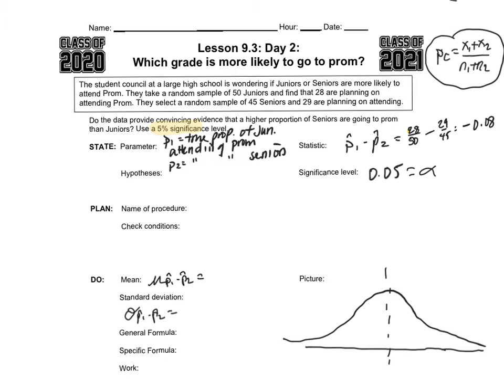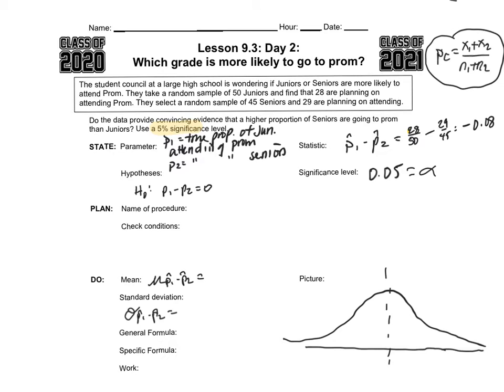And remember, we need a null and alternative hypothesis when we were doing a significance test. So my null hypothesis is always about the population. And what we're hoping initially is that there is no difference in the proportion of juniors and seniors that go to prom. So we would say P1 minus P2 is equal to 0.